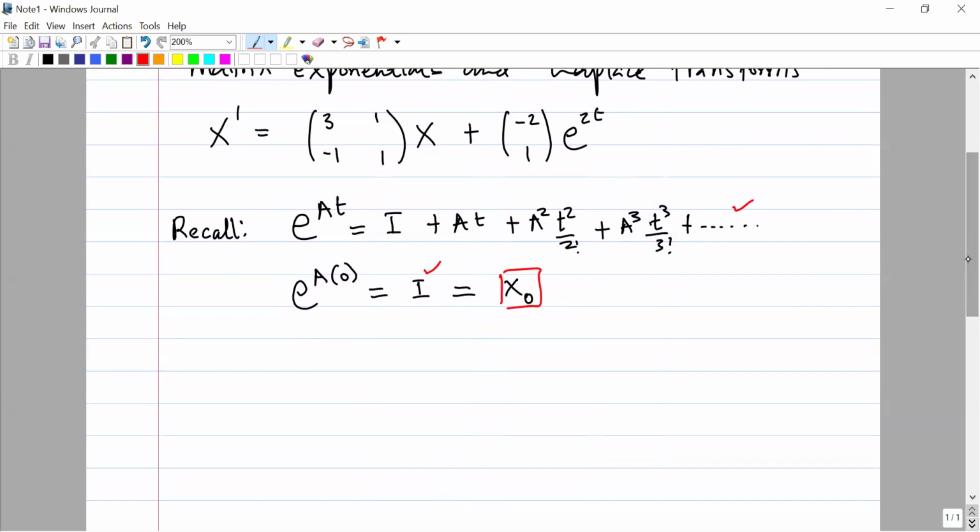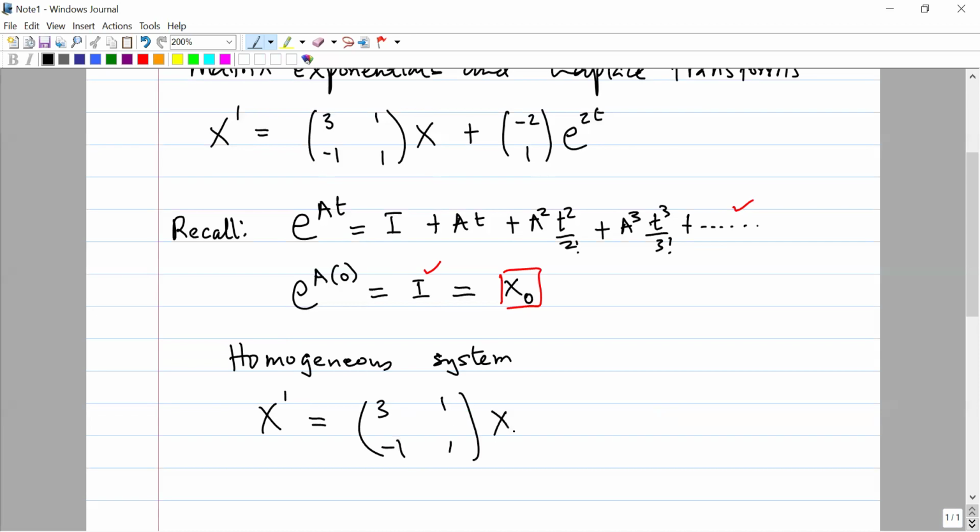So what we then do is break this non-homogeneous system into the associated homogeneous system. Okay, so then we are pulling out the homogeneous system, 3, minus 1, 1, x.